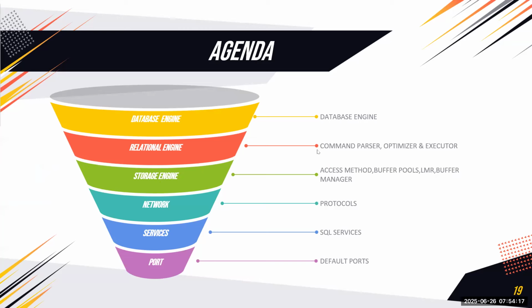Under the relational engine, what components are available, under the storage engine, what components, and we will discuss the protocols, services, and port numbers. We'll talk more. First, our focus will be the database engine, under it the relational engine and storage engine. First, let's focus on these three components. Later on, we'll go for the rest of the components.